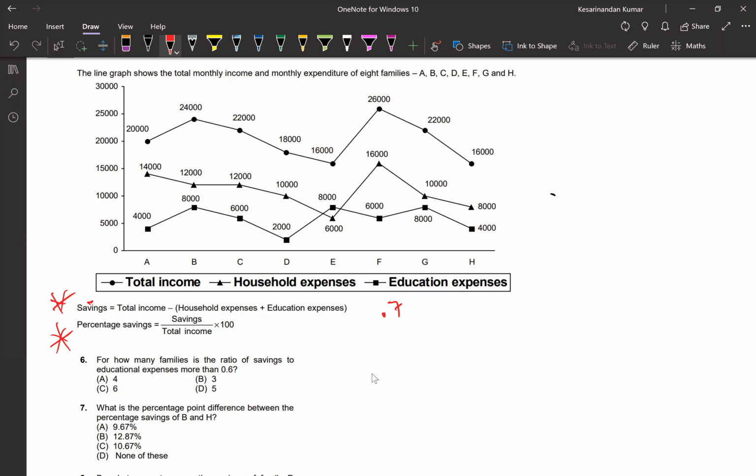Let the educational expenses be X. So what we'll have is total income minus household expenses is equal to basically 1.6X. Will you get this? This X will go on the opposite side.